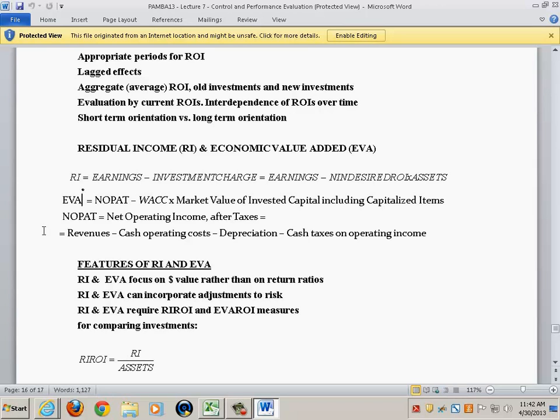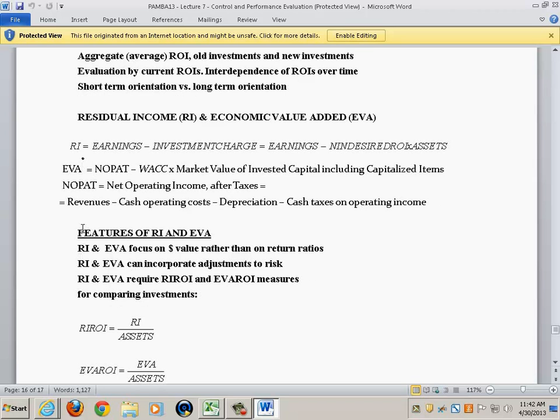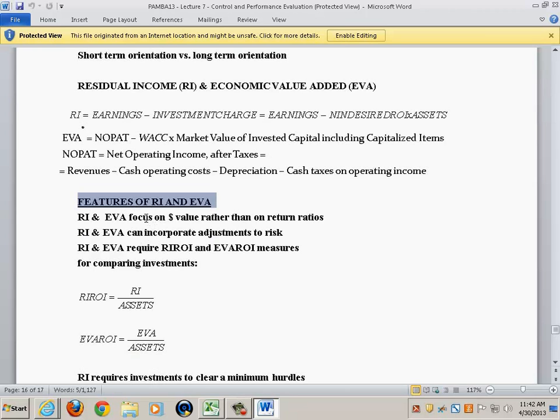Now there are the features of the residual income and the economic value added. The important features are as follows. Both the residual income and the economic value added focus on the dollar value rather than on return ratios.